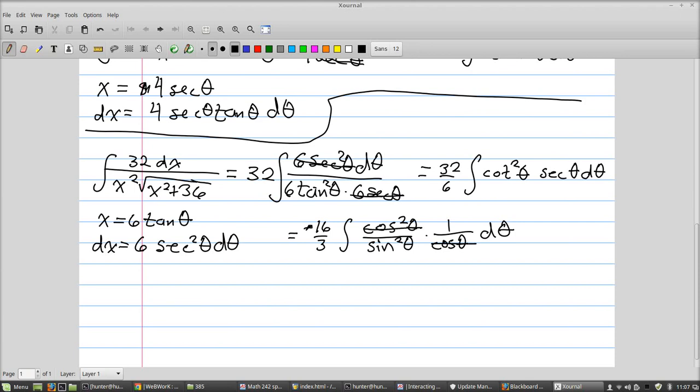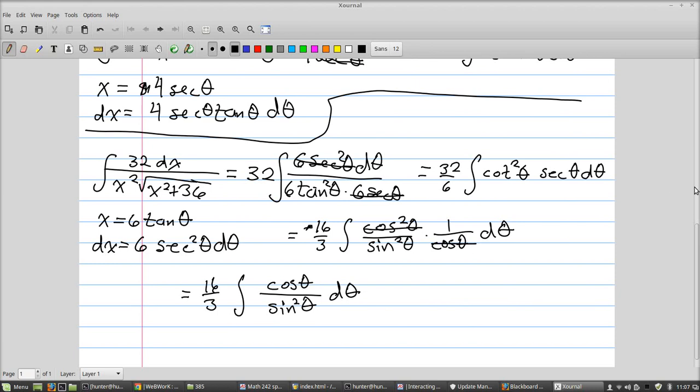And this becomes 16 over 3 times the integral of cosine theta over sine squared theta d theta.